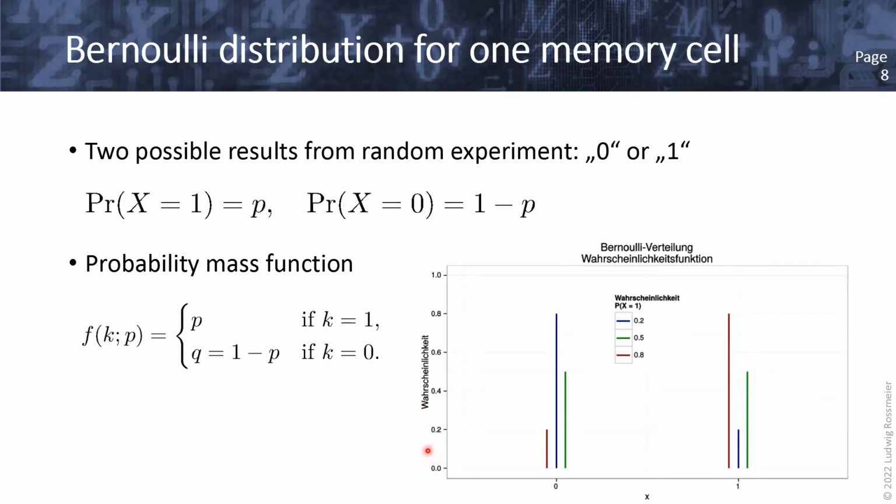So if we assume a probability of P equals 0.8, like in the red example, then we see here the 0.8, and the rest is 20% for the 0. Same as the example with the green, where we have 50% probability for 0 and for 1.